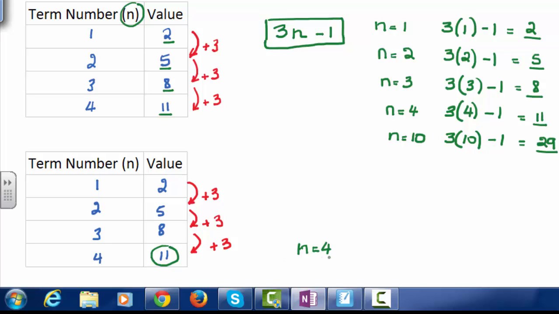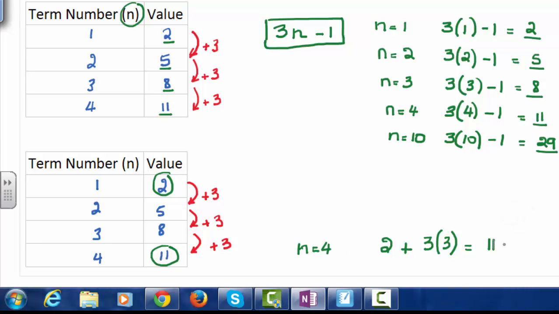I'm starting from 2, so 2 plus, I am adding the number 3, three times. 3 times 3 is 9. 9 plus 2 equals 11. That's why I have 11.